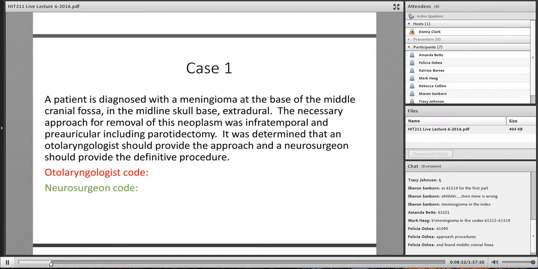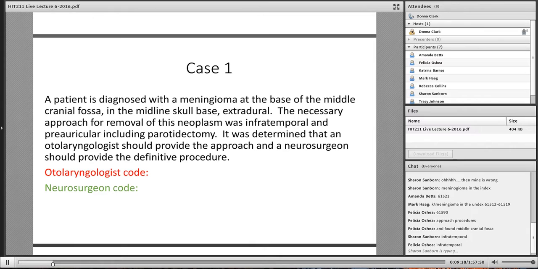Okay. Middle craniofacial. And what was our approach in this problem? Infratemporal. Right. And who did the approach?